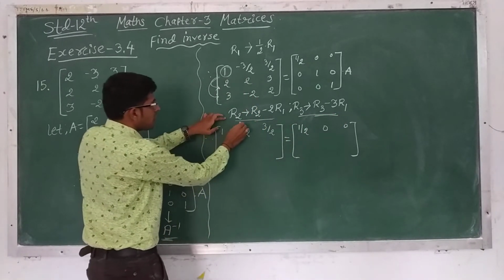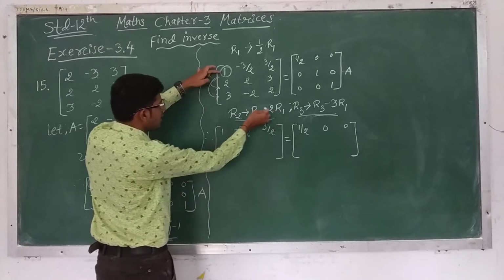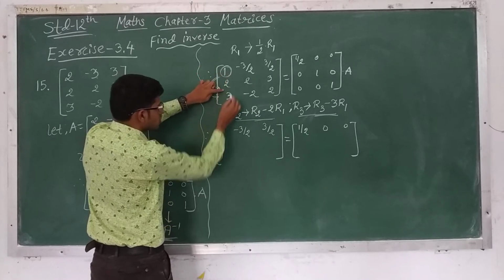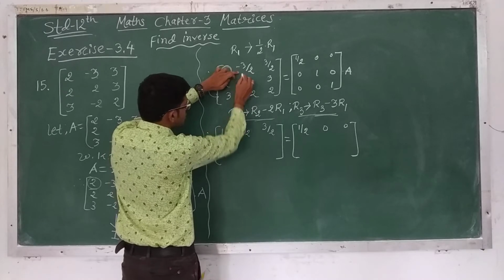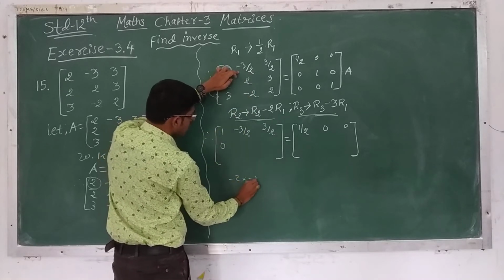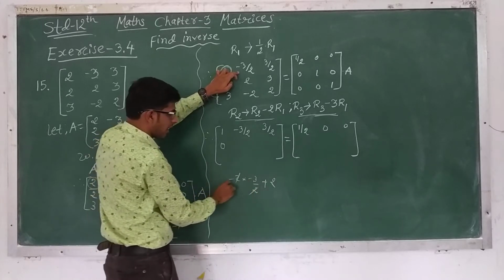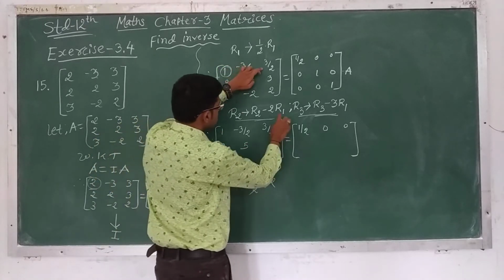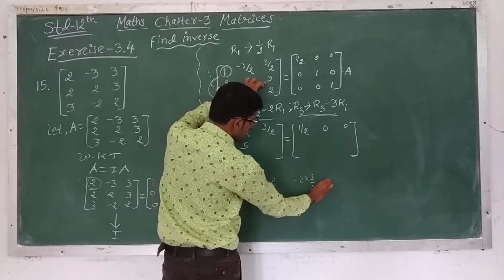First we apply in R2: we multiply R1 by minus 2 and add to the second row. So minus 2 plus 2 is 0. Next we multiply minus 2 by minus 3 by 2 and add to the second row. So plus 3, and 3 plus 2 is 5. Next minus 2 multiplied by 3 by 2 and add to the second row.